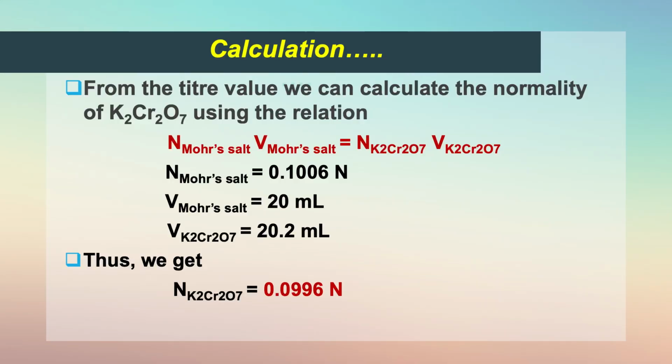Now, from the titer values, we can calculate the normality of potassium dichromate solution using the relation N Mohr's salt into V Mohr's salt is equal to N K2Cr2O7 into V K2Cr2O7. N Mohr's salt is already calculated, which is equal to 0.1006 normal. Volume of Mohr's salt pipetted out is equal to 20 ml. And volume of potassium dichromate used is equal to the concordant value of the titration, that is equal to 20.2 ml.